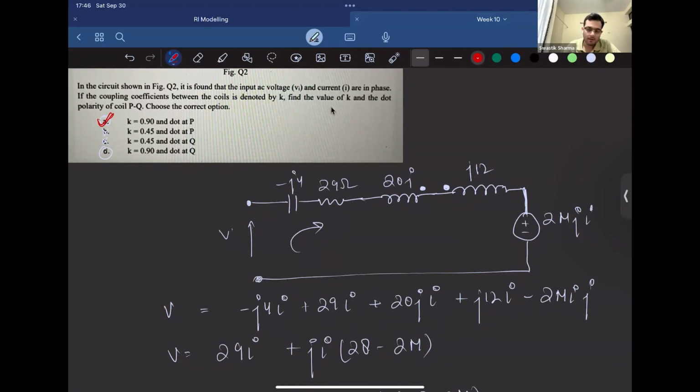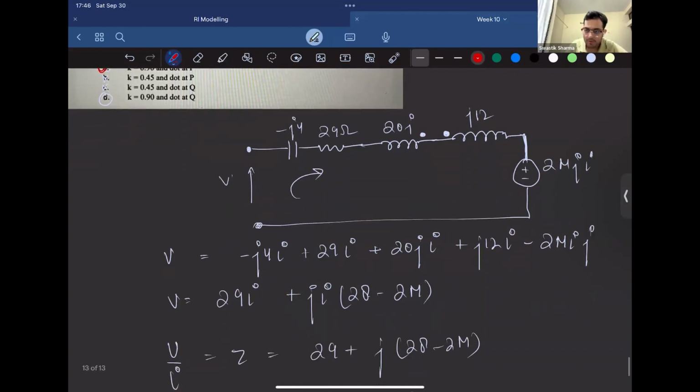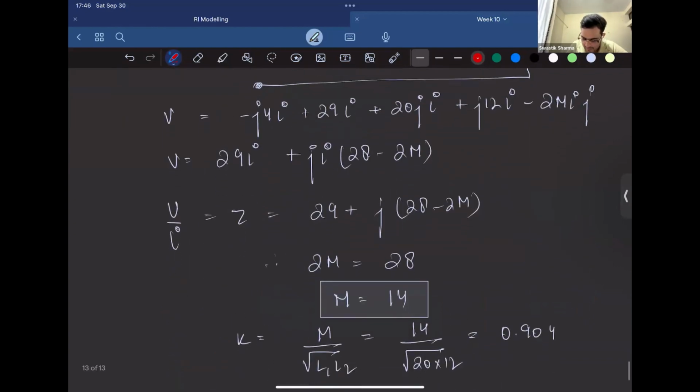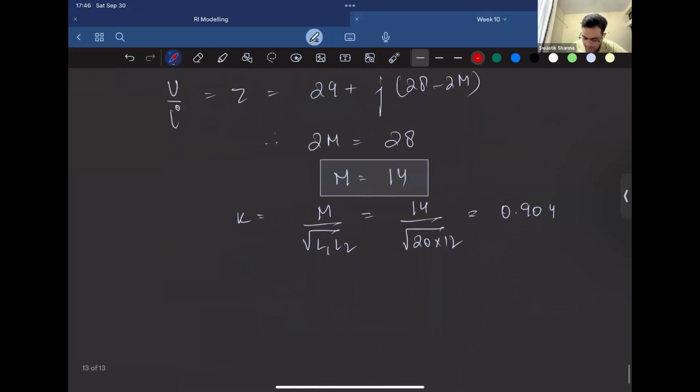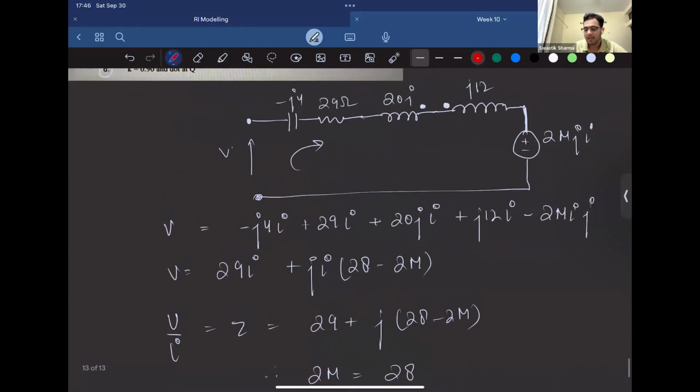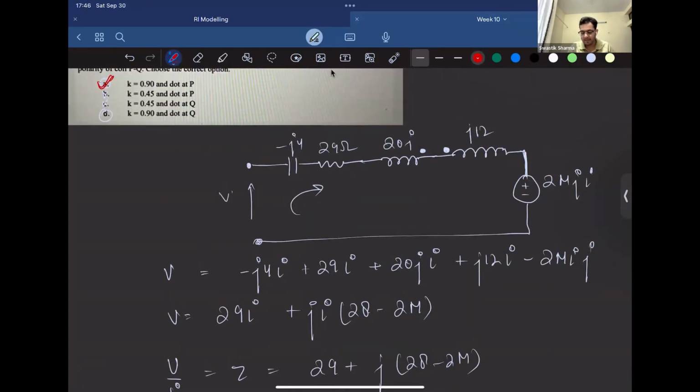I took any polarity that I wanted, which was 2MJI, and then I used the circuit to formulate the equivalent impedance, and from that I got the value of K. As my M was not negative, my polarity was correct, and since my polarity was differential, the dot must be kept at P. Okay, so is it all right? Shall we move ahead?